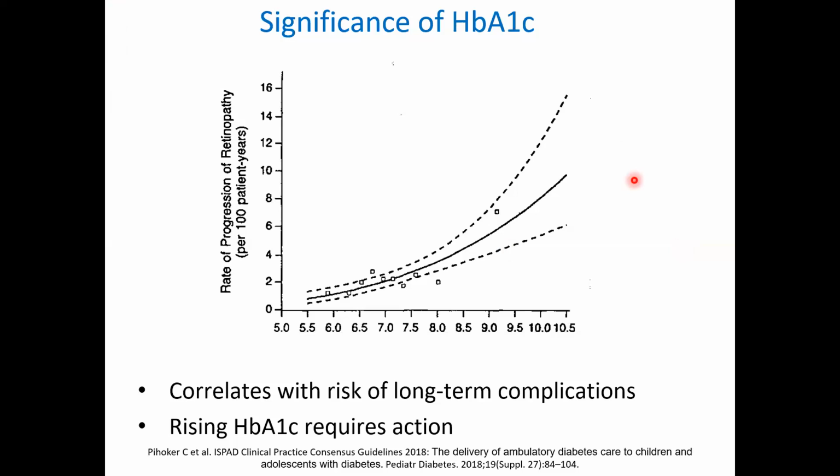That's nephropathy, neuropathy, and retinopathy. And this study actually found that those patients who had tight glycemic control had significantly lower risk of long-term microvascular complications. So glycated hemoglobin correlates with the risk of long-term complications. And whenever you see a rising HbA1c, then that requires that action is taken.